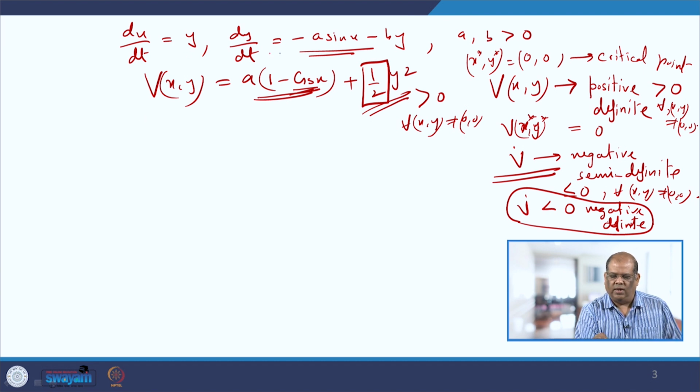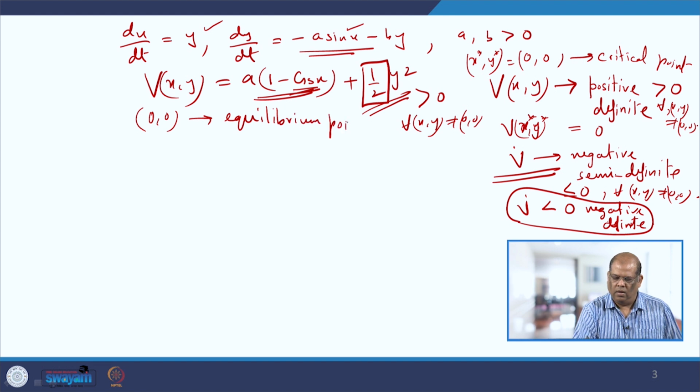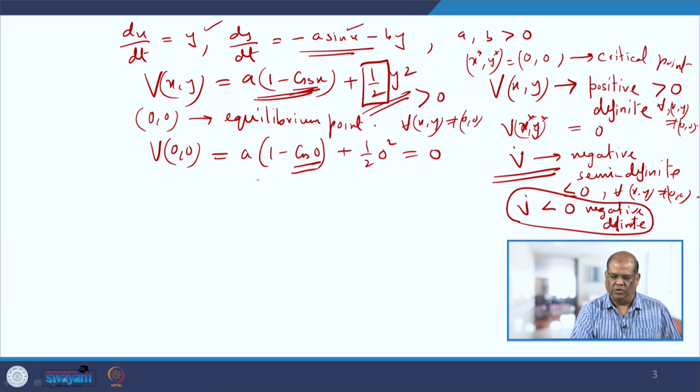Now, if I put x equal to 0 and y equal to 0, I see that the right hand side has been satisfied. So, (0,0) is my equilibrium point. So, I find V(0,0), which is equal to a(1 minus cos 0) plus half 0 square, and the answer is 0 because cos 0 is 1 and this gives you 0.